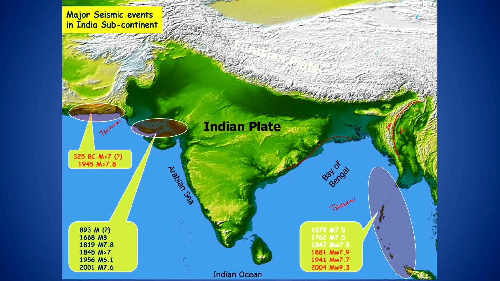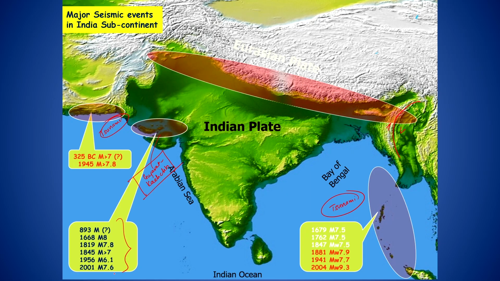So our Indian eastern coastline as well as the western coastline is vulnerable to tsunamis. Other than this, the Kutch region of Gujarat, which most of us experienced in 2001, is vulnerable to earthquakes, and this is the list.